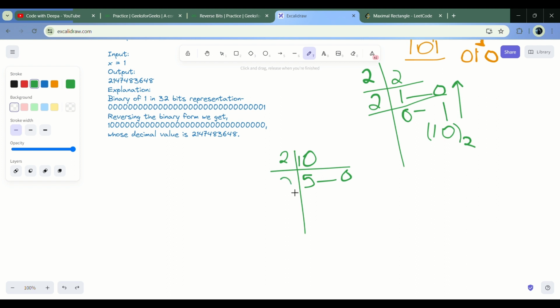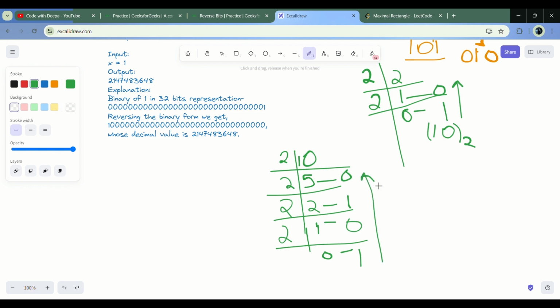Again, if we divide 5 by 2, we get 2 as quotient and 1 as remainder. Again, I divide 2 by 2, I will get 1 and my remainder will become 0. Again, if I divide 1 by 2, it will give me 0 and its remainder will be 1.